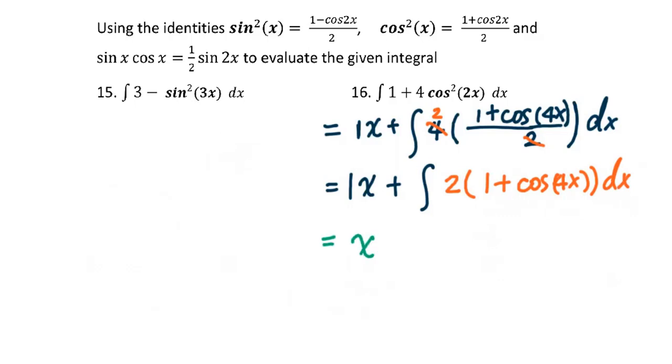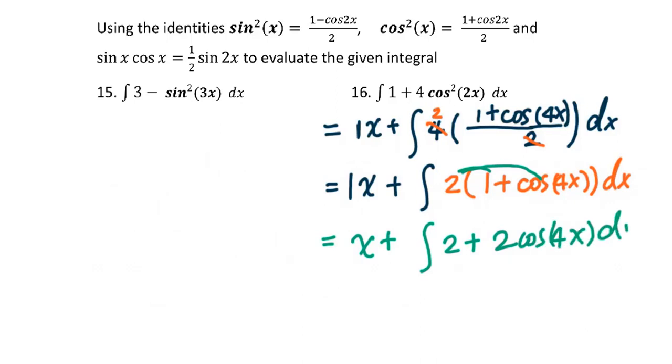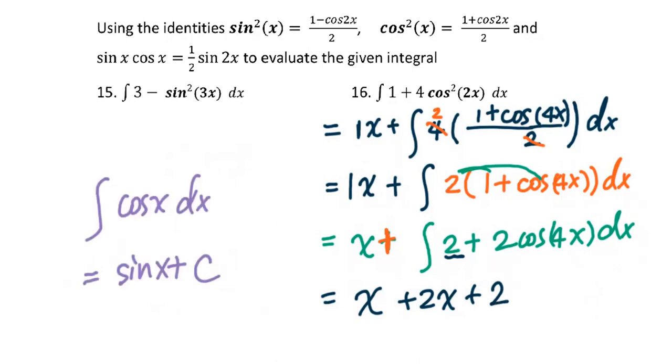You will get the x plus. Do the distributive property, that is 2 plus 2 cosine 4x dx. Since here is a positive, so the sign will stay the same. Plus this 2, you will get the 2x plus 2 times, using this formula, you will get sine 4x.